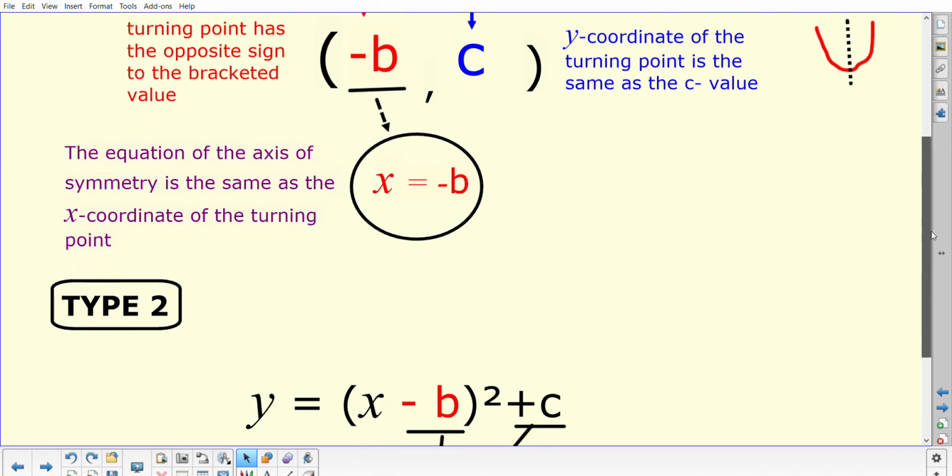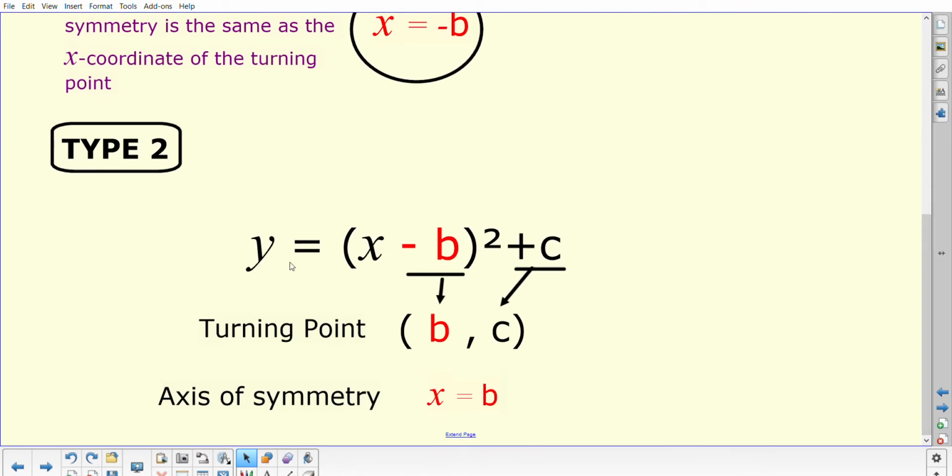So looking at the other one, if you start off with an equation that's already got a minus in the bracket, it means that your turning point will have a positive x coordinate, so it'll be the opposite sign. Whatever is at the end, that will just match exactly, and your axis of symmetry will have the equation that's the same as the x coordinate of the turning point.